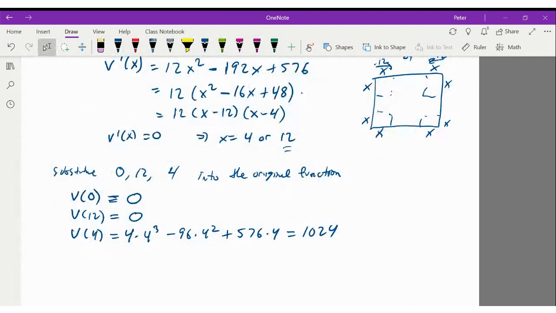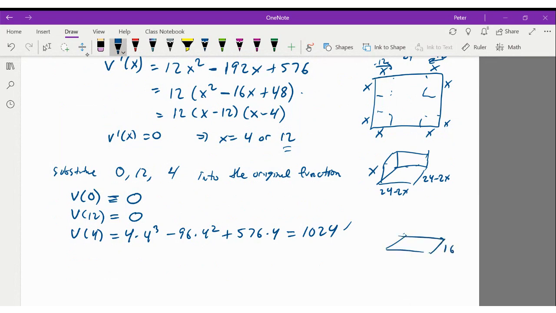So this is the largest volume box that we can build, and we do it when x equals 4. Recalling that the dimensions of the box are 24 minus 2x by 24 minus 2x by x, 24 minus 2x is going to be 16.